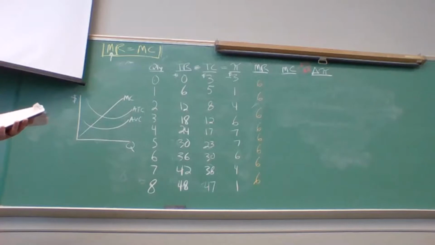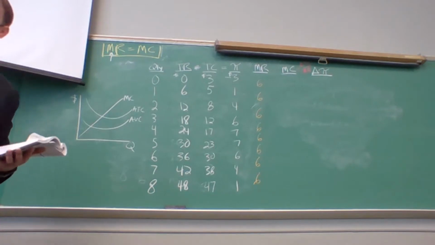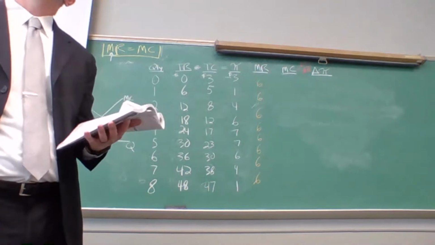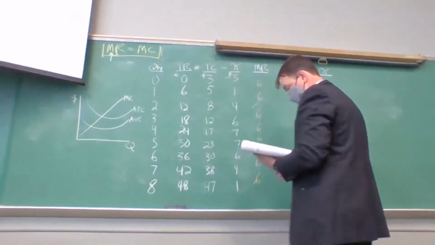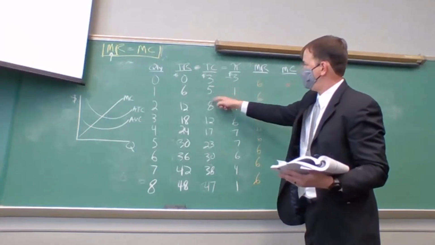What was I looking at? I was looking at the number 3. Total cost goes from $3 to $5, correct? That's 2. The change in quantity went from 0 to 1, that's 1. 2 divided by 1. See, now you know why this class has a math prerequisite. Same thing carried on because we're running out of time. 5, 8, that's 3 divided by 1.